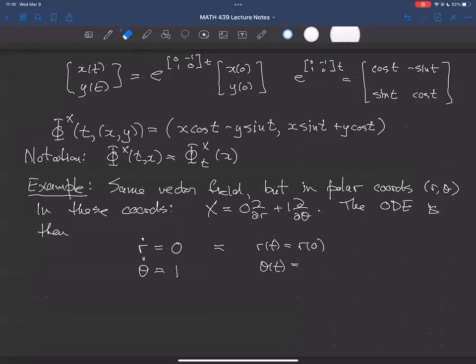Sorry, t plus theta of 0. Yes, it seems like it should be dependent on r. It doesn't. If you work it out, it doesn't. But you have the theta component increasing; that's your intuition. It's not a stupid question, and I will tell you how to address that.